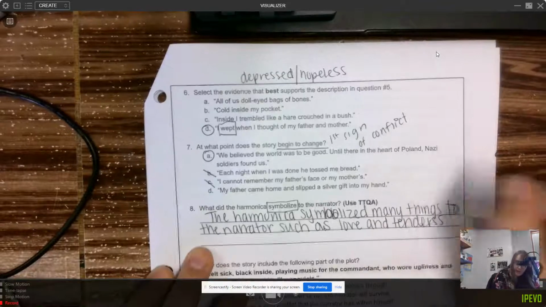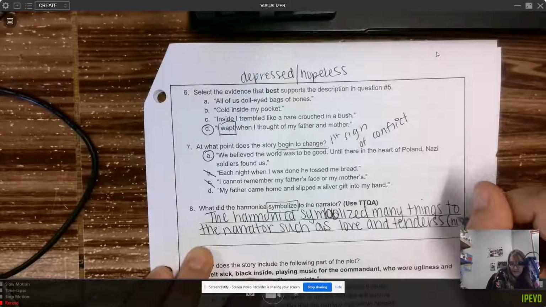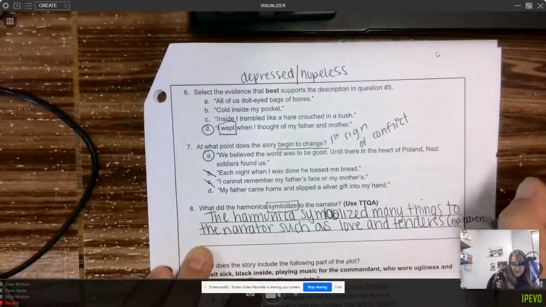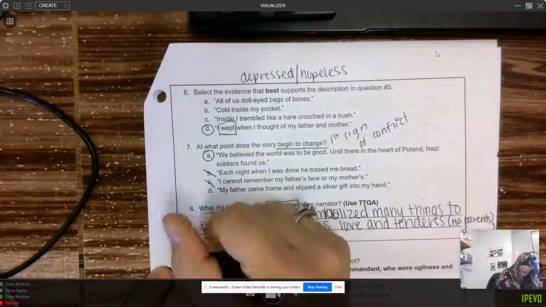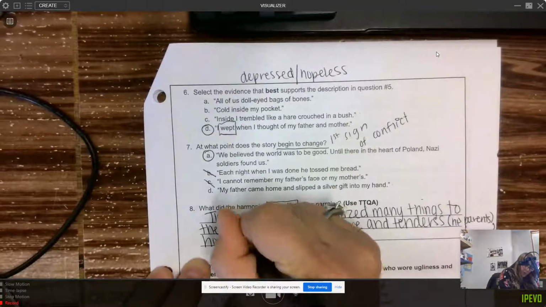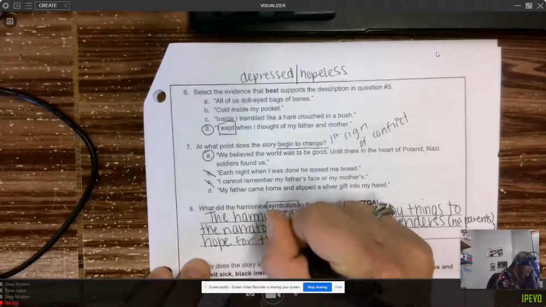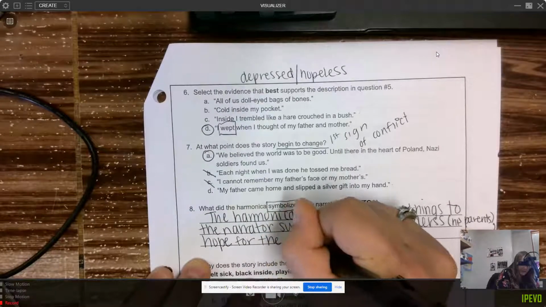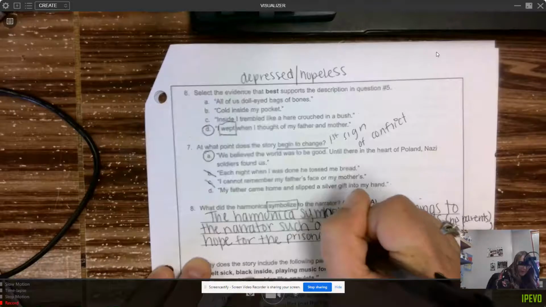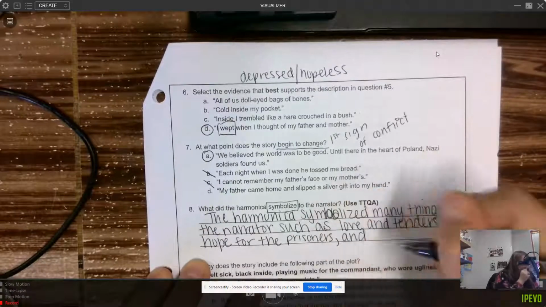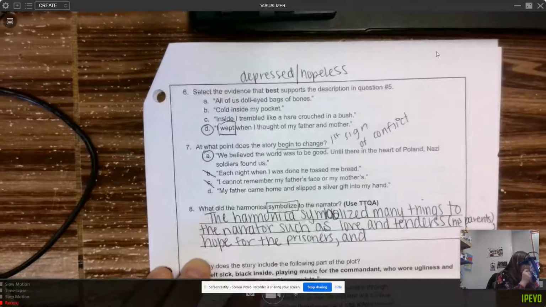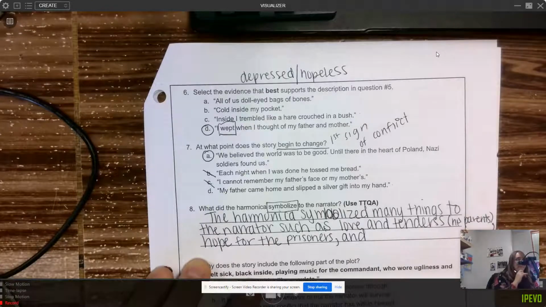And I'm going to put in parentheses his parents, because that's symbolizing to you the connection, right? Comma, hope for the prisoners, comma, and I would also say light or memories or fondness that kind of connects back to his parents.